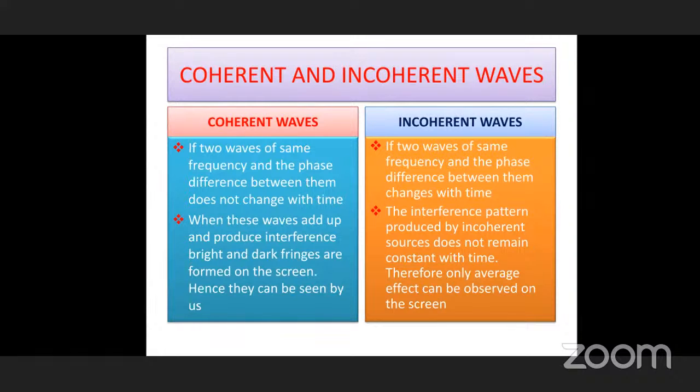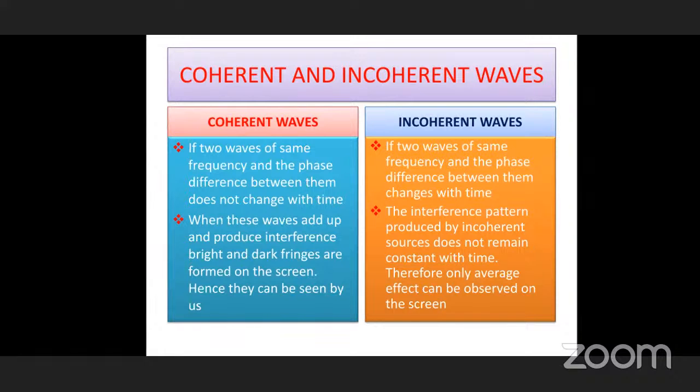What are incoherent waves? Frequency is the same. Both these two have a common point, coherent and incoherent. Frequency is the same, but the phase difference between them changes with time. No order. Disorderly, they will rotate. Frequency may be equal, but the phase difference changes.